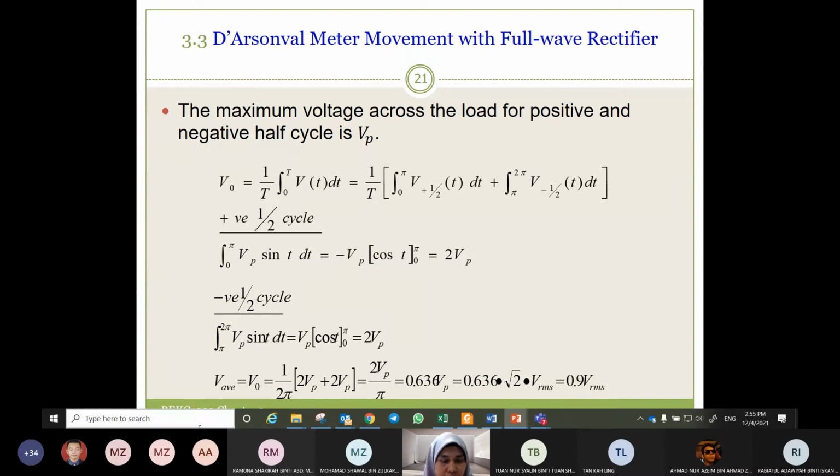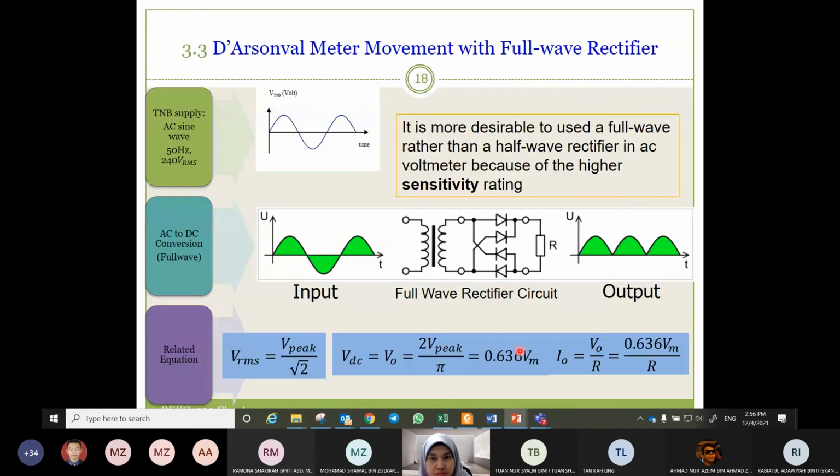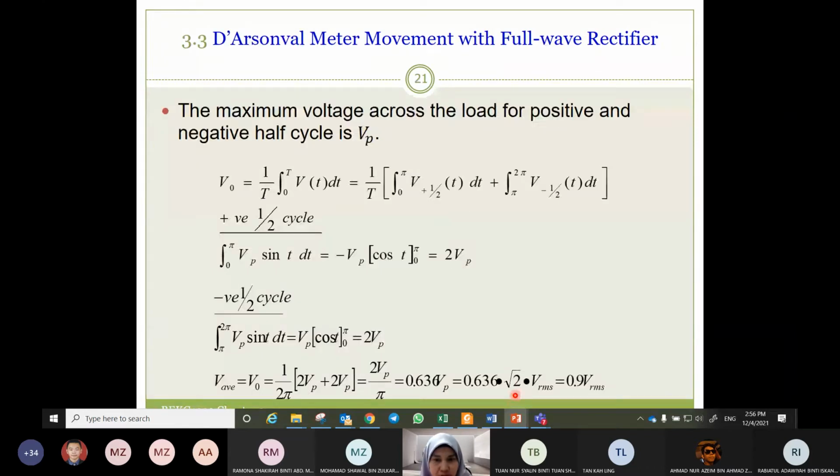This is the derivation for V average, or V out. It is equal to 0.636 of V peak. V peak is equal to root 2 times VRMS. So if we multiply this by root 2, we get 0.9 VRMS.